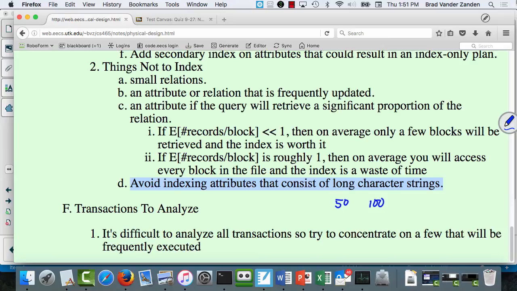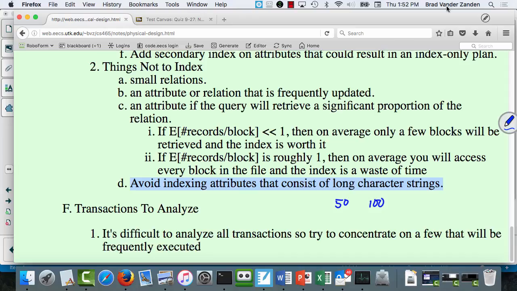The problem is, if it doesn't store the key, then you're going to have to go out to the actual tuple, and you may discover it's a miss. So there's a trade-off. I would say generally the key would be stored in the index. Also, a second reason is if you're trying to perform some kind of aggregate function on it, you need the key in the index. So yes, you typically keep the key in the index. You can't really get around it.